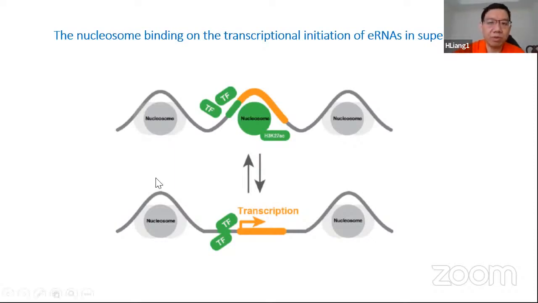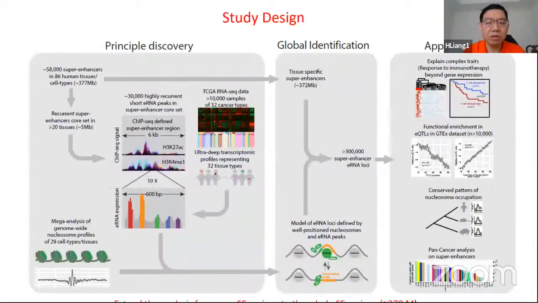The difference is if you have a nearby nucleosome but that position is more fuzzy, that's called a fuzzy nucleosome. The difference for an enhancer is really that they have an underlying well-controlled, well-positioned nucleosome.